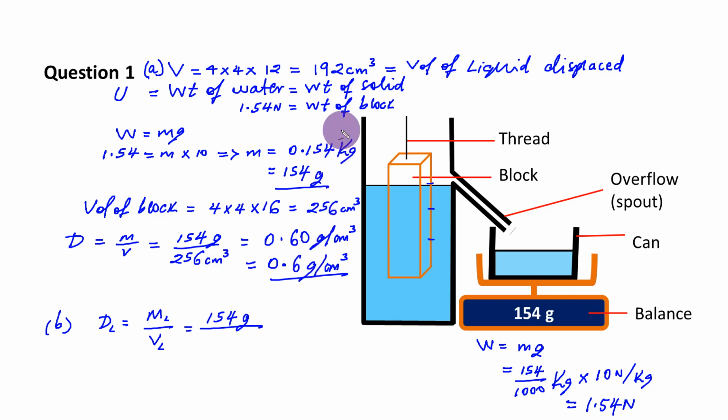Divide by the volume of the liquid, and the volume of the liquid is definitely equal to the volume of the block submerged, or the volume of the block below the surface of the liquid, and we had already obtained it as 192 centimeters cubed. And that gives us 0.8, again to 1 decimal point, grams per centimeters cubed. And that is how we would work out that question.